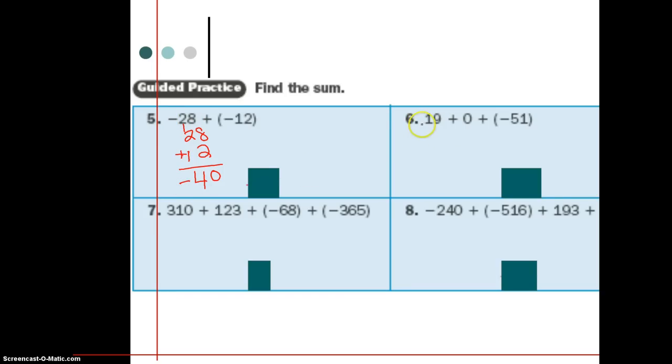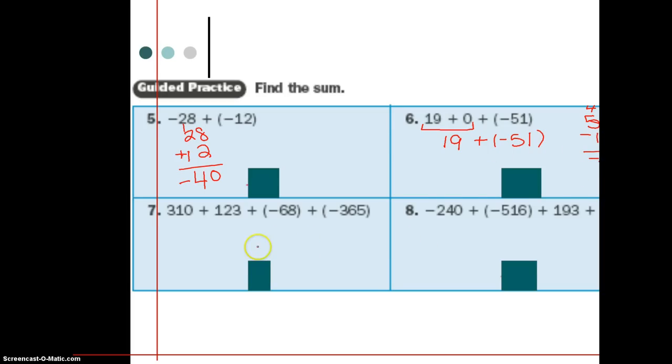Number 6, add the first two numbers, you get 19, plus negative 51. These are different signs now. So what do you do in different signs? You subtract. You borrow from the 5 because you can't take 9 away from 1. Make this a 4. Add 10 to this, so it becomes 11. 32. Now, which one was bigger, the 51 or the 19? Bigger absolute value was 51, and it's a negative.